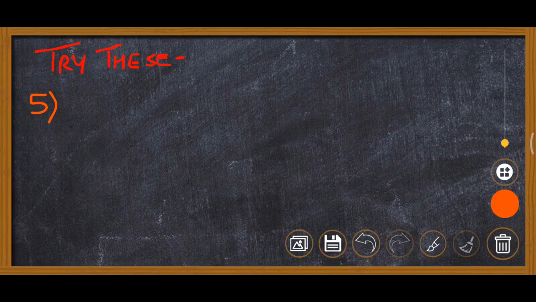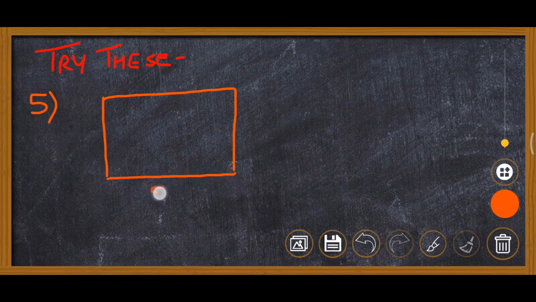Draw any rectangle. So you can draw any rectangle and then you can measure it. Let's say this is 5 centimeter and this is 3 centimeter. This is also 3 and this will be 5. Every angle should be a right angle.